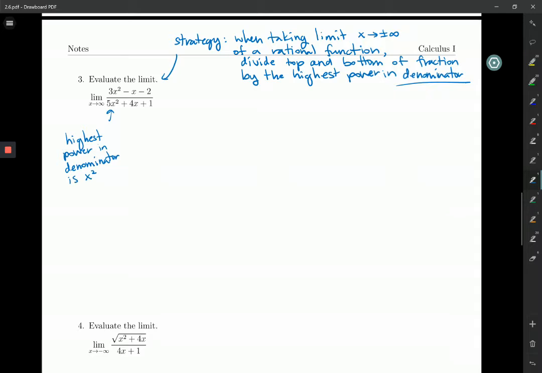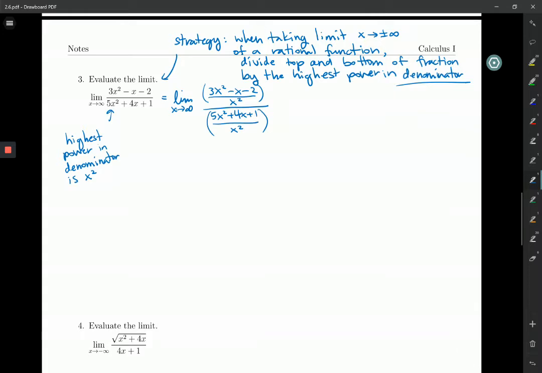So that means that we are going to divide 3x squared minus x minus 2 by x squared, so this is our new numerator, and then also the denominator, so 5x squared plus 4x plus 1 over x squared.